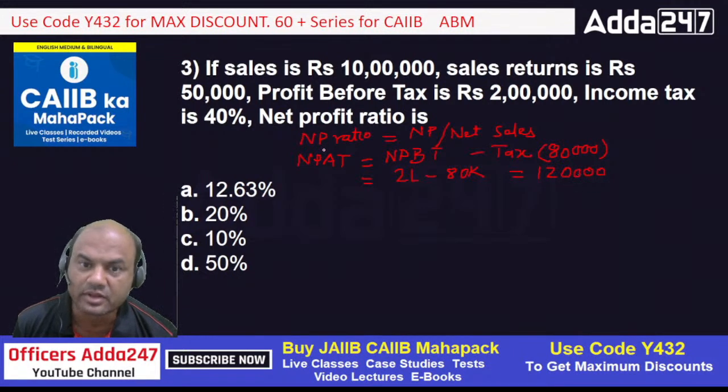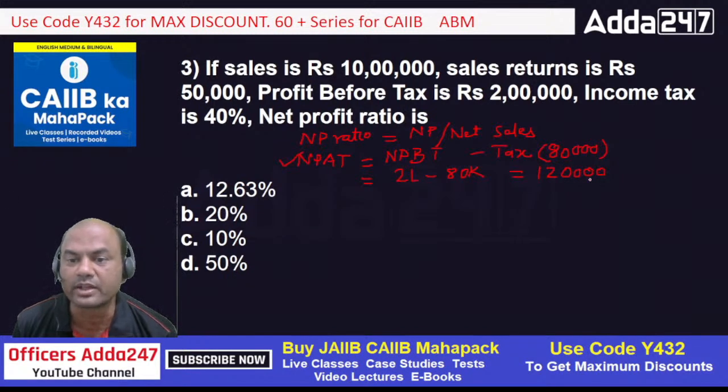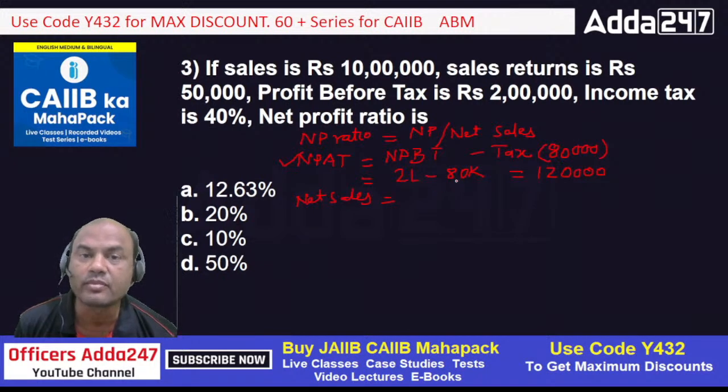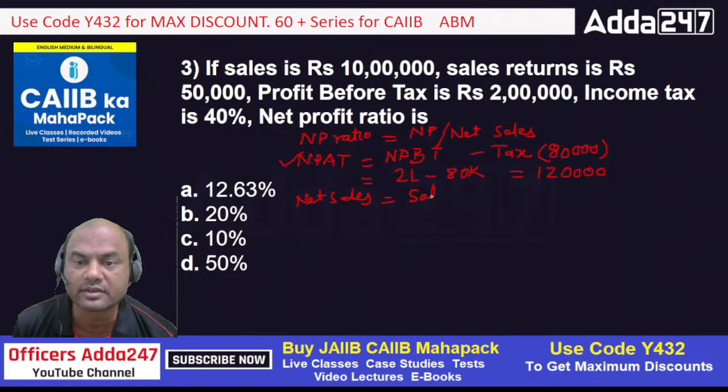Everyone got this figure of 1,20,000 NPAT? Now give me the figure for net sales. Net sales equals sales minus sales return.